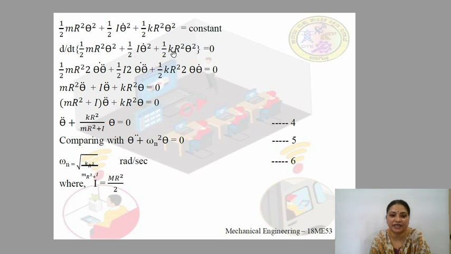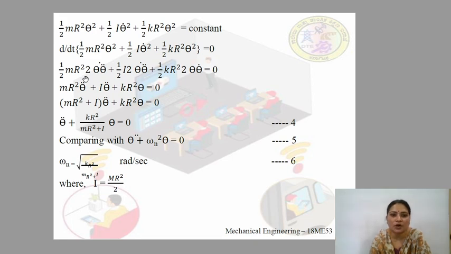After differentiating, the equation obtained will be as below. 1 by 2 m r square, differentiation of theta dot square is 2 theta dot theta double dot, and the differentiation of I theta dot square gives 1 by 2 I 2 theta dot theta double dot, plus 1 by 2 k r square 2 theta theta dot is equal to 0.